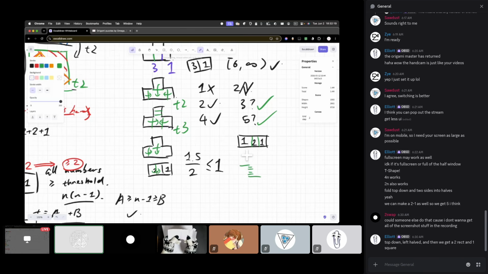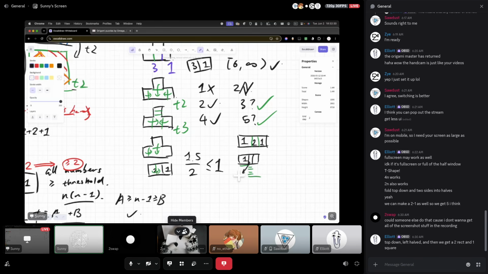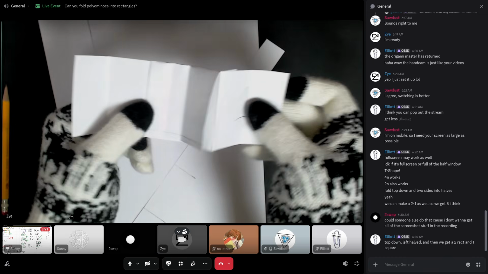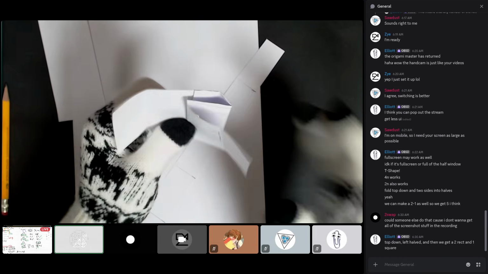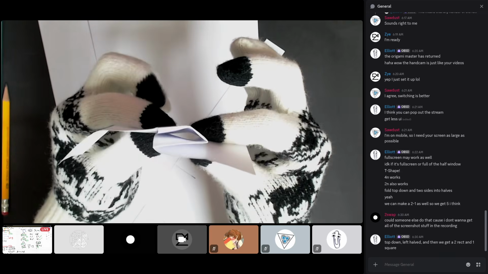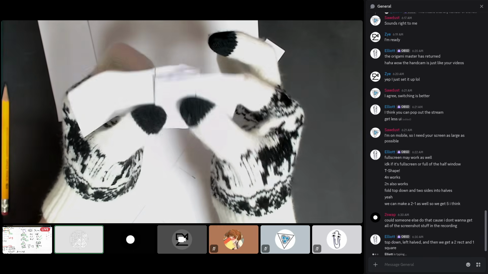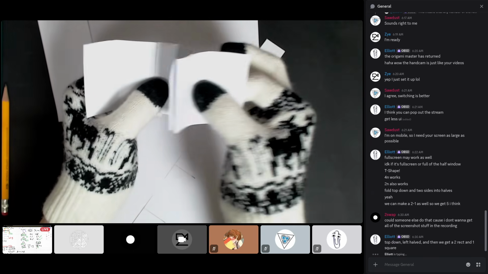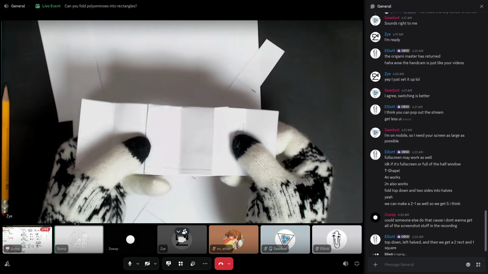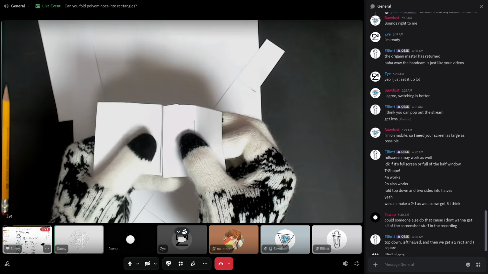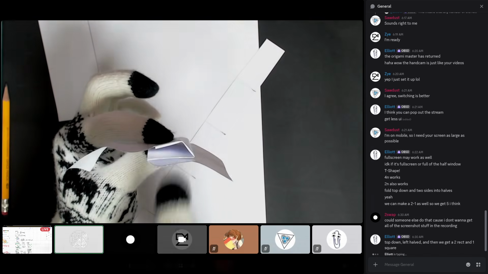So I have a 1-5-1 kind of thing. So that will also work, and this will be the slightly more general case of this. Anyways, now that we've finished the T, let's look at some other tetrominoes.